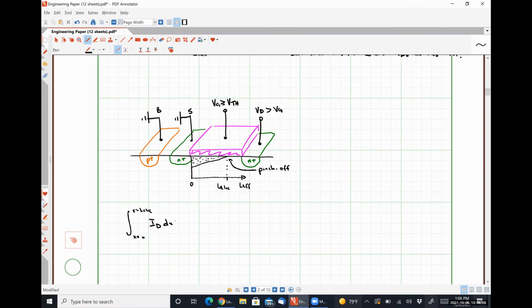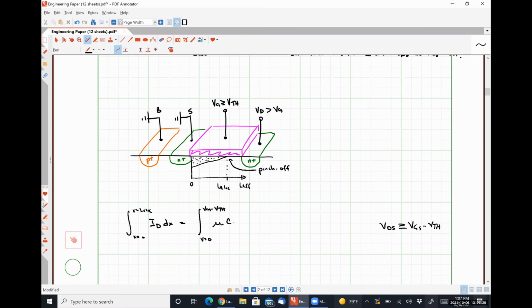ID dx, our integral here is from 0 to VGS minus VTH, where we're under the assumption now that VDS is greater than VGS minus VTH.